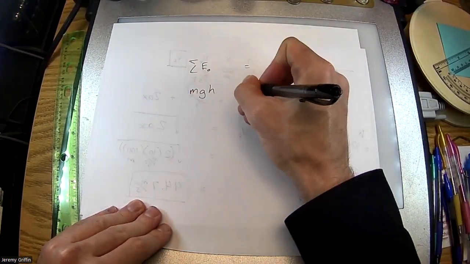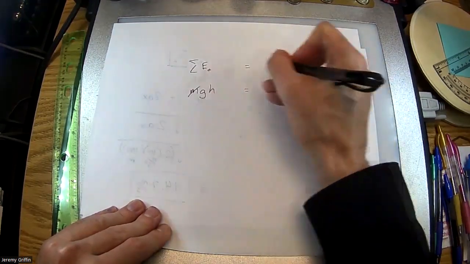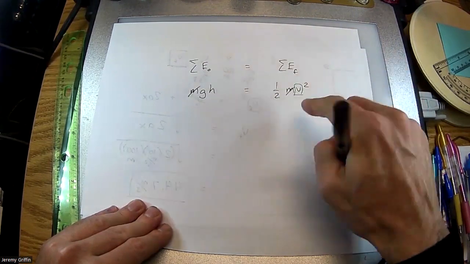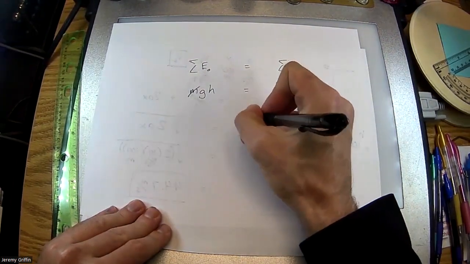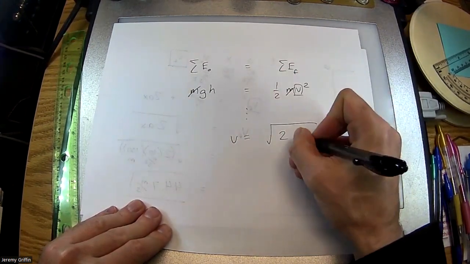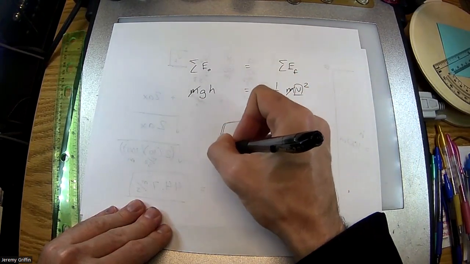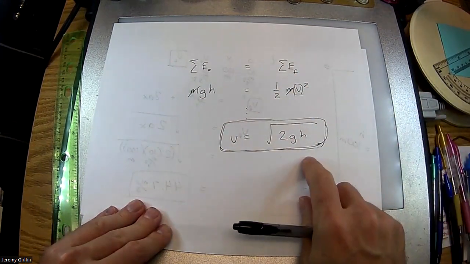It's all MGH at the top and all 1/2 mv squared at the bottom. Oh, I never gave you the mass of the ball. Doesn't matter. Final velocity is going to be the square root of 2GH. Hey, didn't I make a leaning tower poster where that was the answer for the leaning tower?